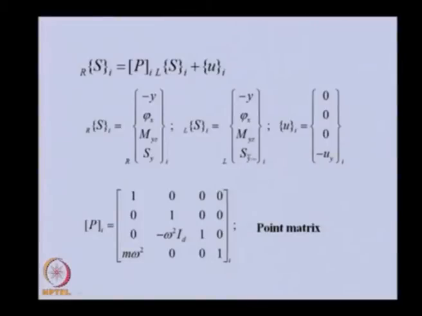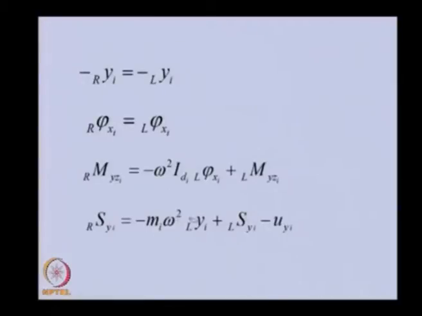Because we have stacked the shear force at the last, it will come at the end. So if we expand the fourth equation, we will get this equation, and this last term corresponds to the external force.